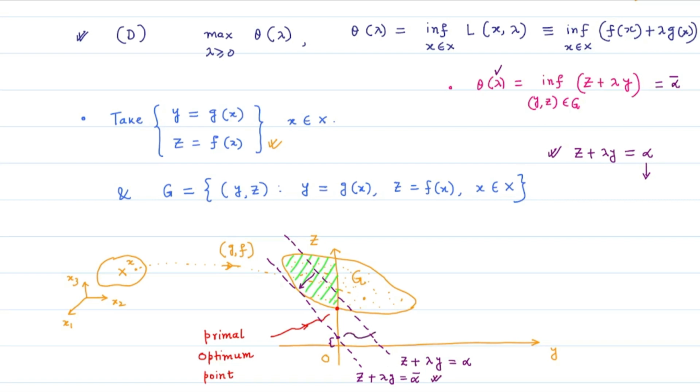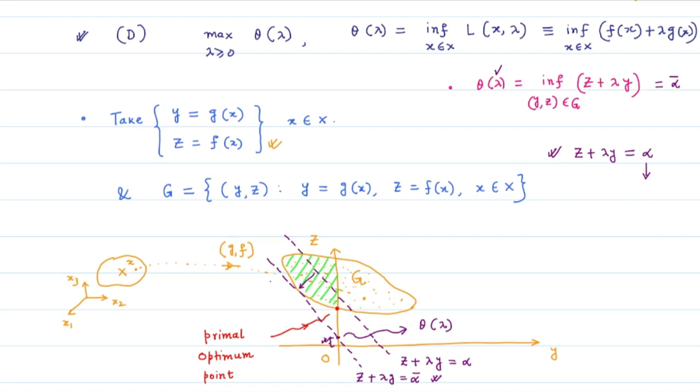So we observe here that this much amount of value, the z-intercept of this line, gives us the value of theta lambda corresponding to the chosen lambda, for which minus lambda is the slope of all these parallel lines. Now, by varying the value of lambda, let me consider some other value.